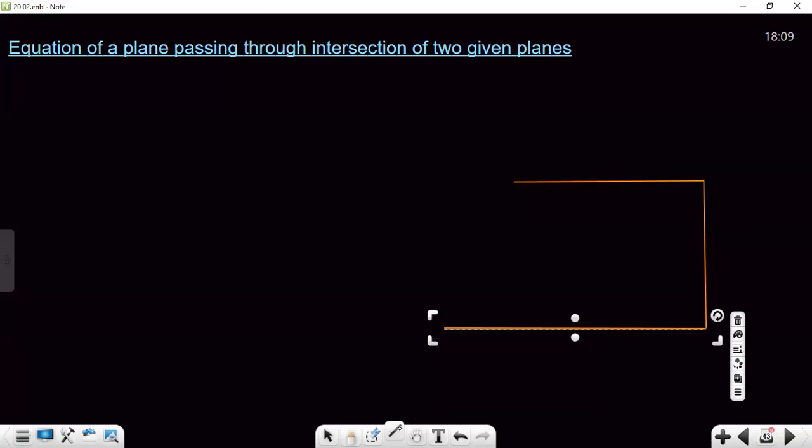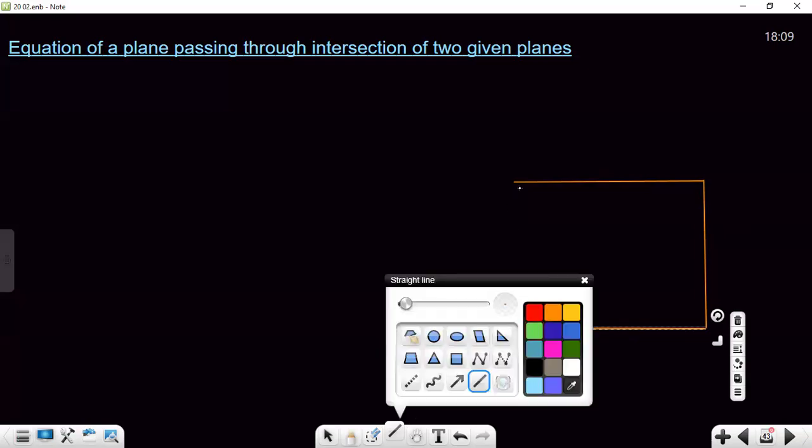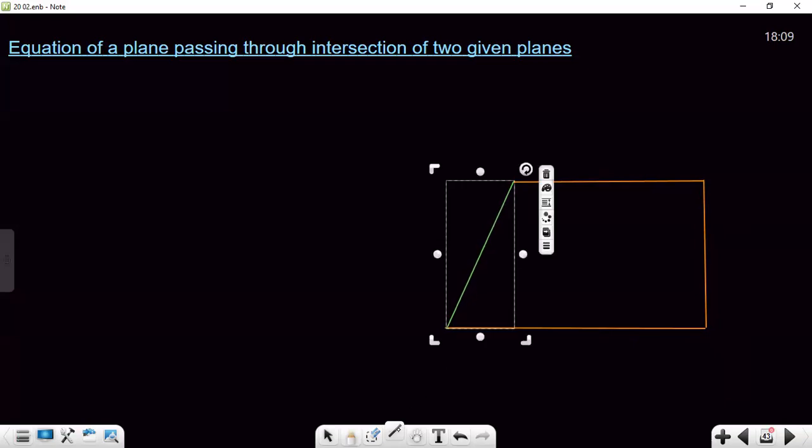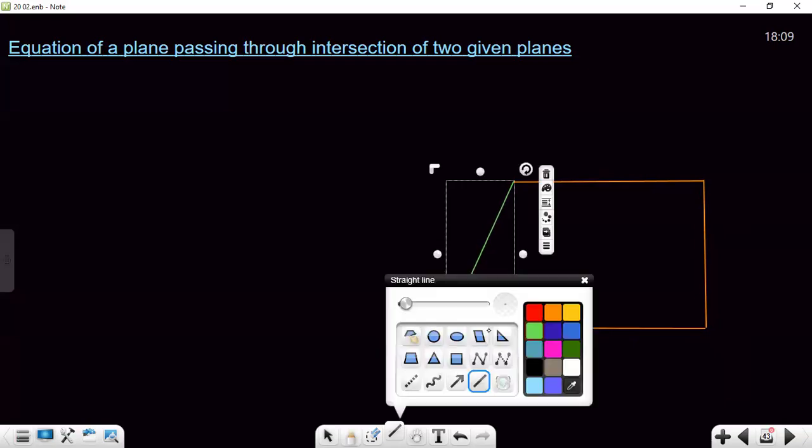Now I'm doing some other plane. This is the intersection of two planes, and the other plane is vertical.